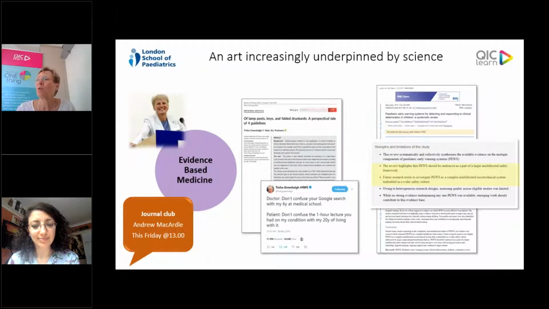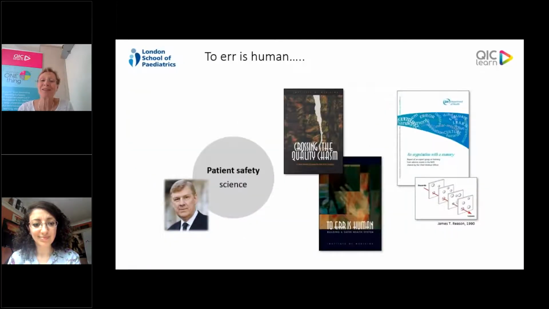In this report, they highlight that PEWS should be embraced as part of a larger, multifaceted safety framework, and that future research needs to investigate PEWS as a complex, multifaceted, socio-technical system embedded into the wider safety culture. There are a lot of long words there, and those long words come from other sciences. I will touch on those, but we also have a speaker later on that will cover some of those in more detail.